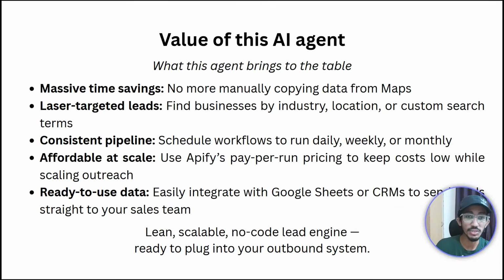Then, ready-to-use data. The information you get is structured, and as we discussed, you can easily integrate this with Google Sheets or your CRM to send these leads straight to your sales team. So ready for action. Essentially, you're building a lean, scalable, often no-code or low-code engine that's ready to plug right into your outbound system.